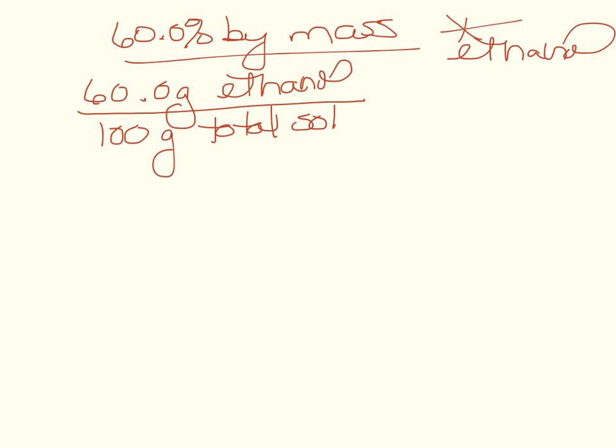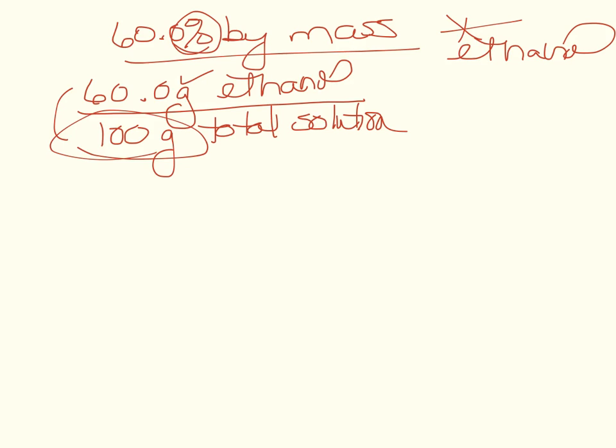So a student asked me when I was showing her, how do you know this? Well, that's what percent means. Percent means how much of something is there out of 100. That's the definition of percent. So that's how I know that.